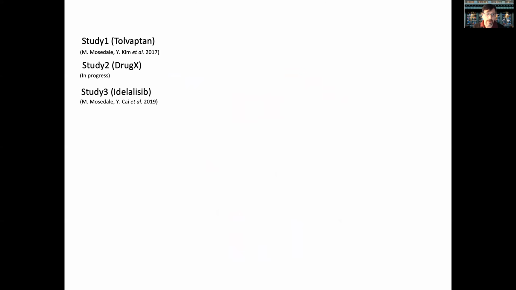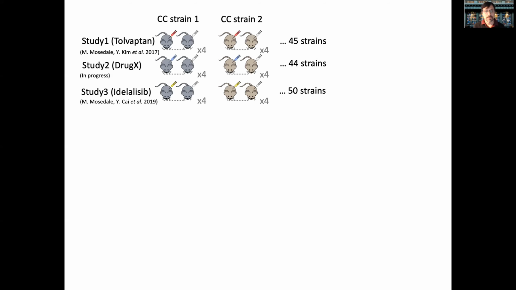So the 3 drug studies that I'm going to talk about: one was on a drug called tolvaptan, one is a drug that's still in progress, and the third is idelalisib. These studies took the form that I've just described. In fact, there were 4 pairs measured per strain, and there were 45 strains, 44 strains, 50 strains, and in 2 of those studies we measured microarray expression, and in all of the studies we looked at biomarkers of drug-induced liver injury.